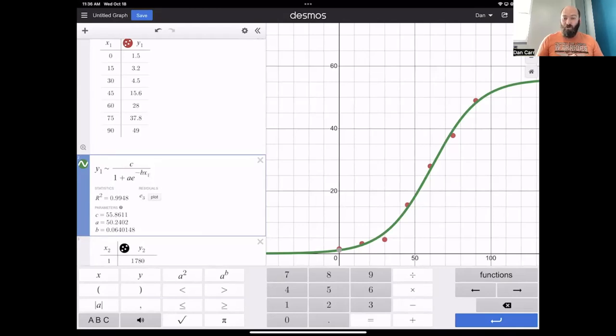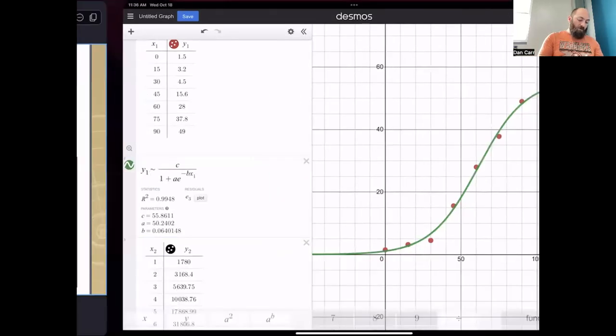You can see how the curve is going on that one, and you see my three parameters for a, b, and c: 55.8611, 50.2402, and 0.064. Let me go ahead and write those into my model.